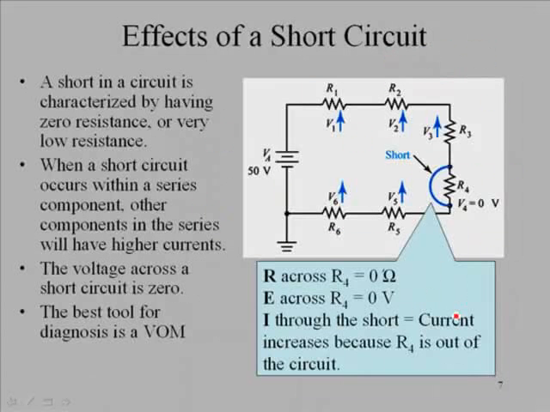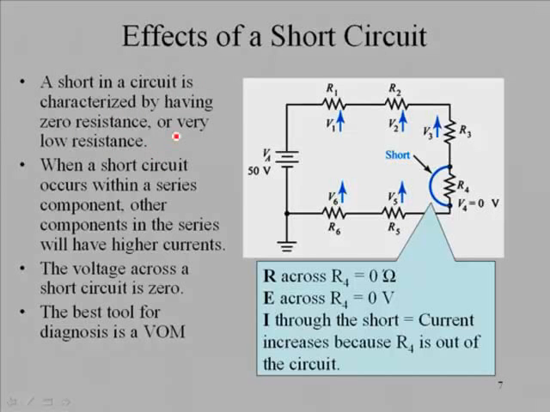Okay, effects of a short circuit. The previous screen we looked at the effects of an open. Now we're going to look at basically the same circuit and what happens if we have a short. A short is characterized by having zero resistance or very low resistance.